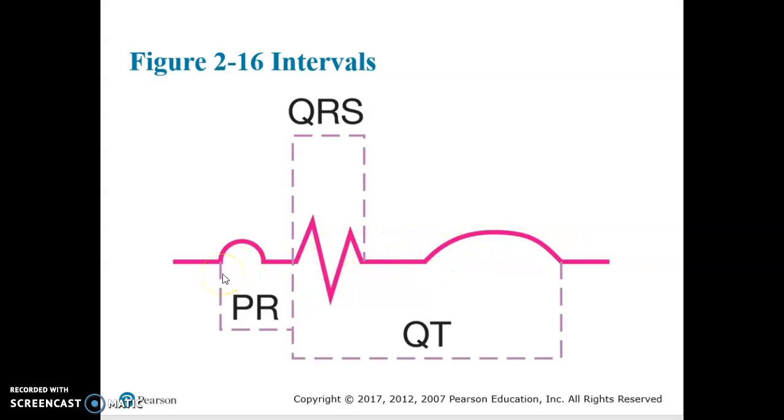I will show you as we talk about each one. First, the PR interval. It starts with the P wave, and it ends with the R wave. And remember, we said the R is anything that goes positive above that isoelectric line. So right here where this starts going upward ends the PR. So it starts with the P, and it ends with the R. So this is the PR segment.